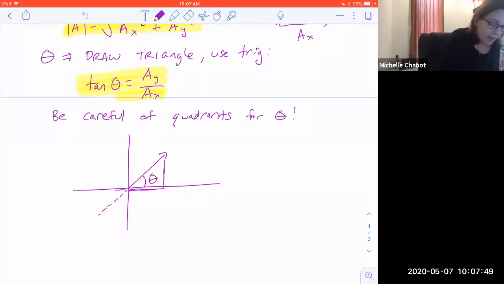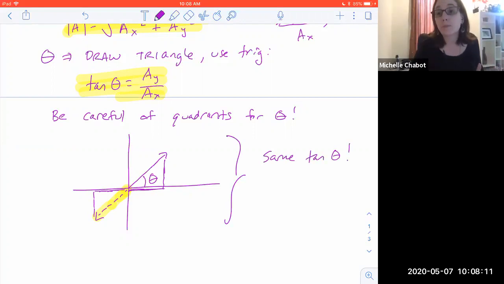But over here, I'd have a negative x component and a negative y component. And so this vector and the reflected vector in the third quadrant are going to have the same tangent of theta. So it depends on your calculator. Some calculators will give you both, but most calculators will give you the one that's in the first quadrant.